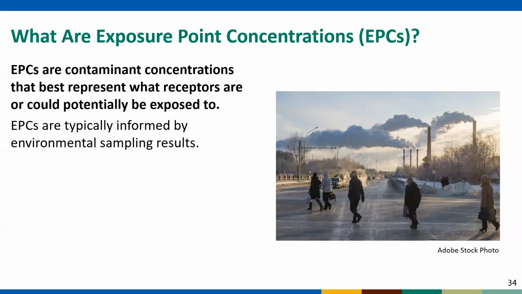Instead, we must use available environmental sampling data to estimate human exposures to contamination levels that are not measured. As Rebecca mentioned previously, sometimes there are modeling results that help inform EPCs, but in this study, we are strictly going to be talking about environmental sampling data.